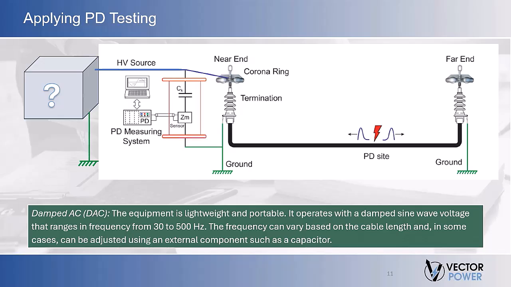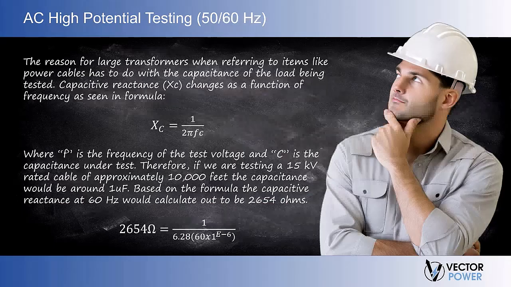The frequency can vary based on the cable length and in some cases can be adjusted using an external component such as a capacitor. Now, let's best understand why operating at power frequency, 50-60 Hertz, requires such large equipment.